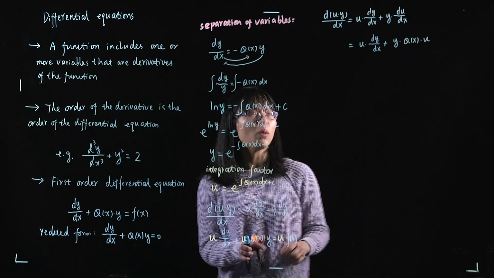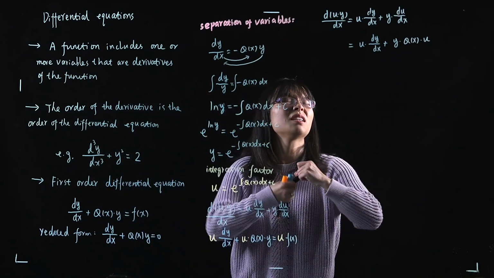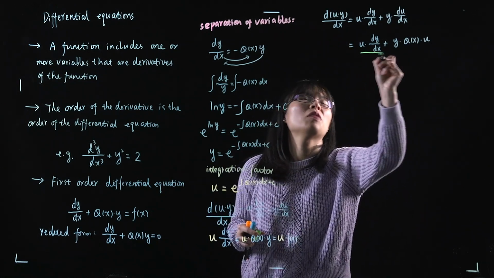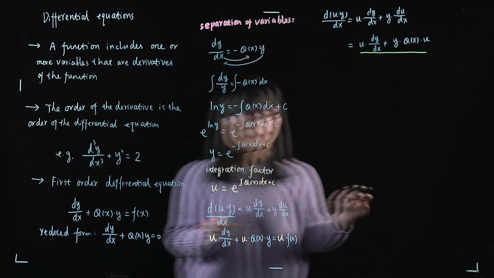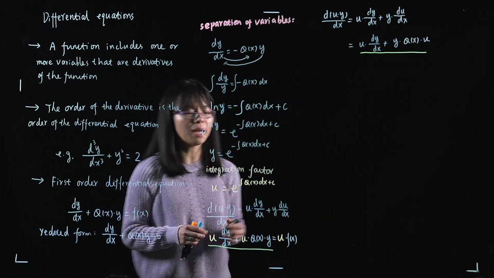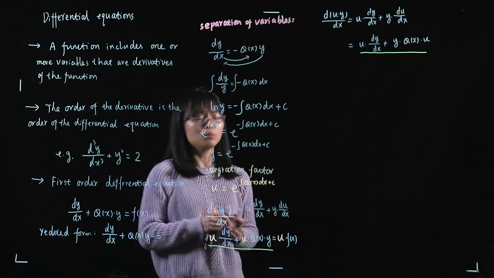So if we plug the integration factor into the equation, this is what we got. Now if we compare the total differentiation of u times y and the left-hand side of the equation after we multiply by u, what do you find? They are the same, right?